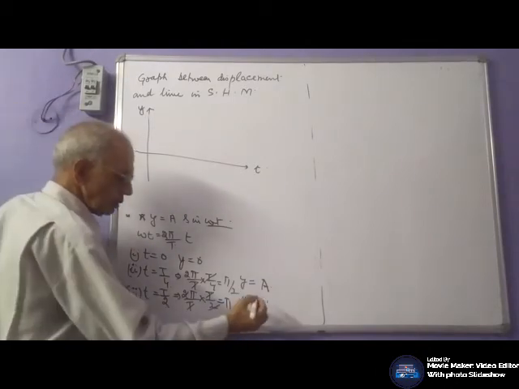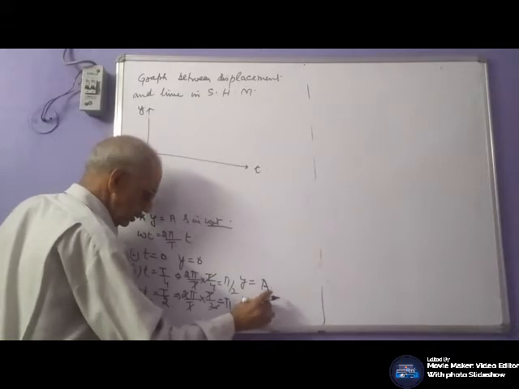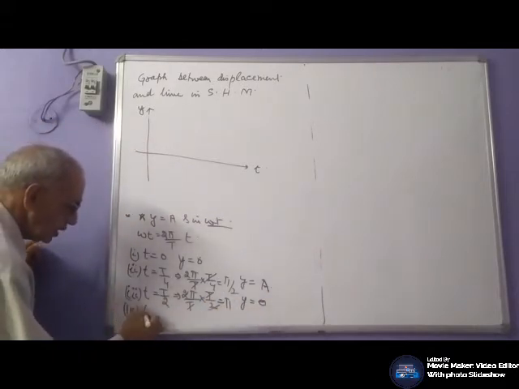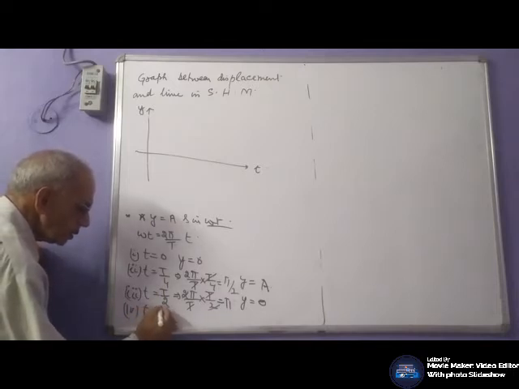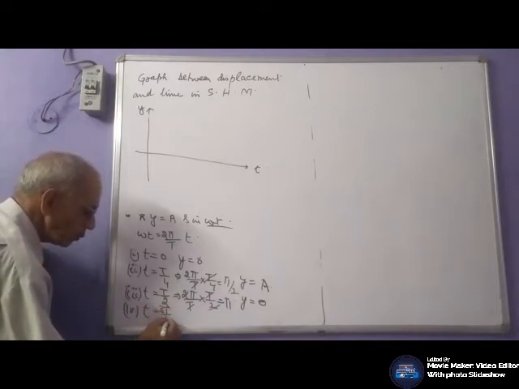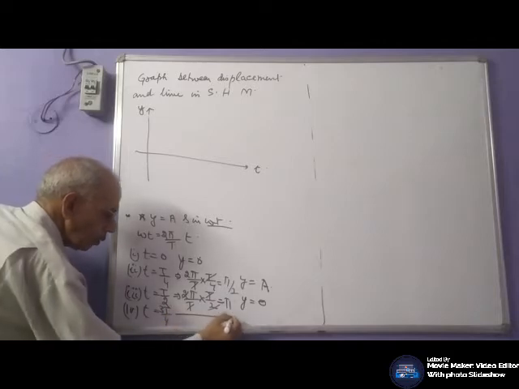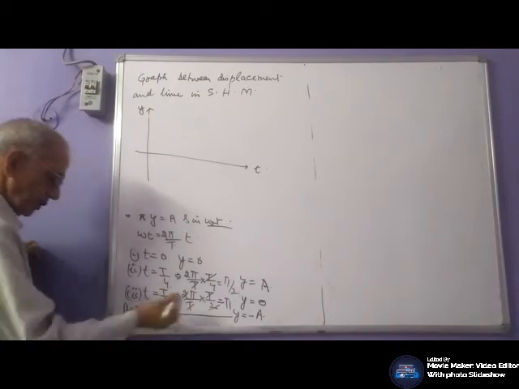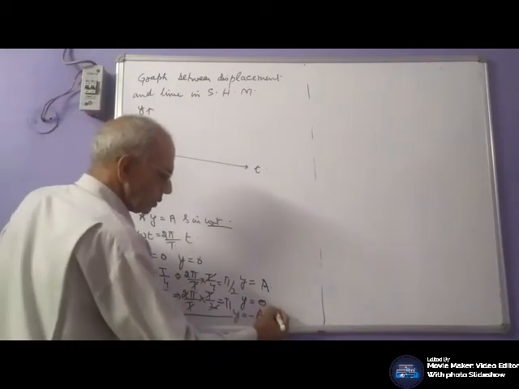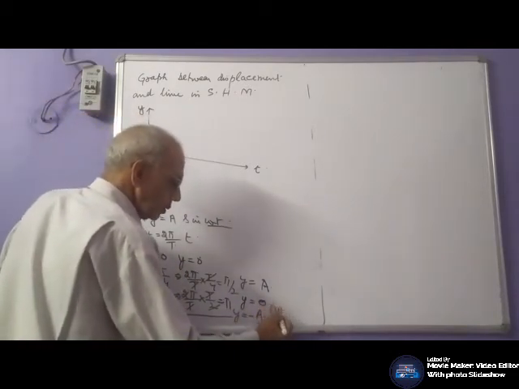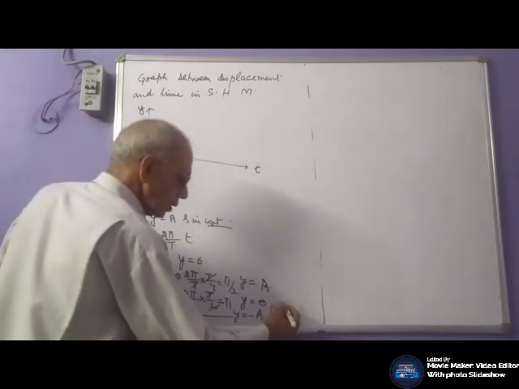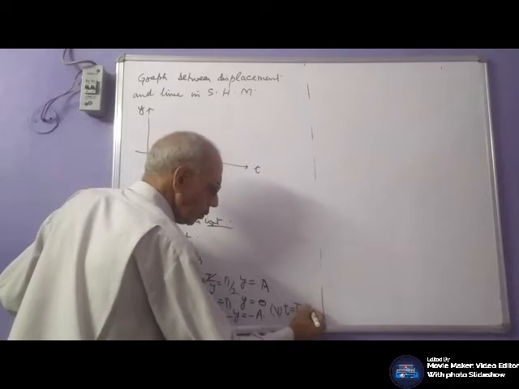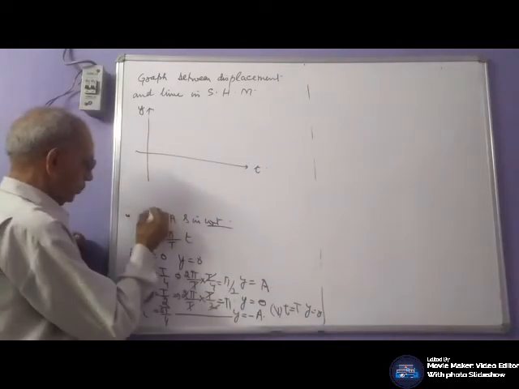Sine 180 is 0, so y is 0. Then 3T by 4, y comes out to be minus A if you put these values. Fifth, t is T, y comes out to be 0.